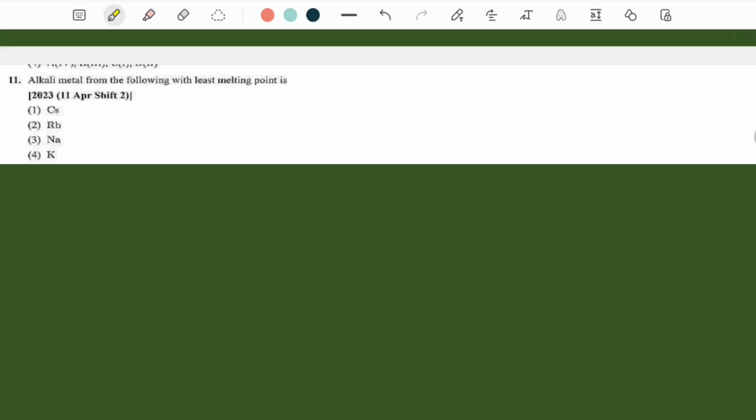Moving down the group, sodium, potassium, rubidium, cesium, the melting point of alkali metals decreases due to increasing atomic size.